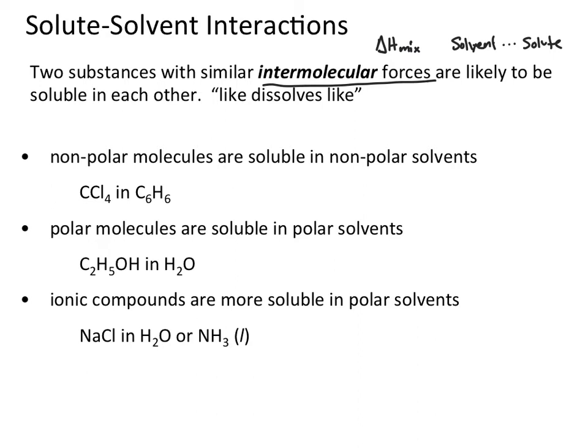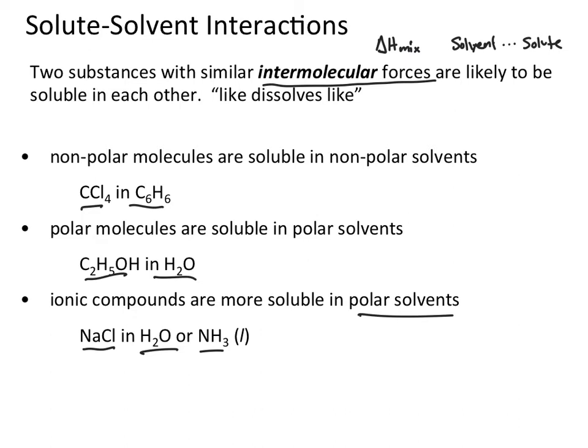So with that concept, if we look at a few examples, when we have two nonpolar molecules, in terms of our solute and our solvent, we're going to get mixing. Same thing's going to be true when we have polar molecules coming together. They're going to like each other and be able to mix. And even when we're dealing with ionic compounds, they're going to like to interact with solvents that have partial charges.